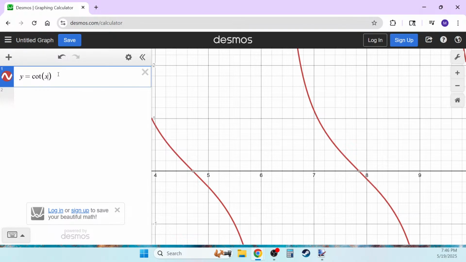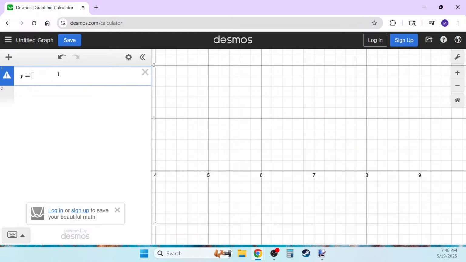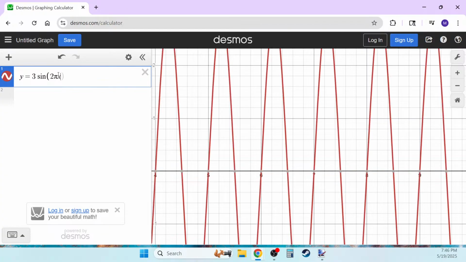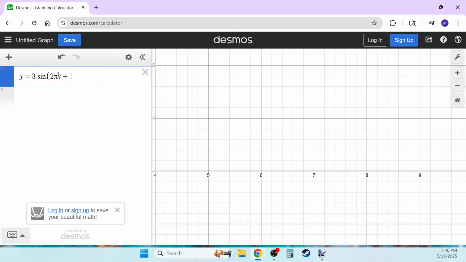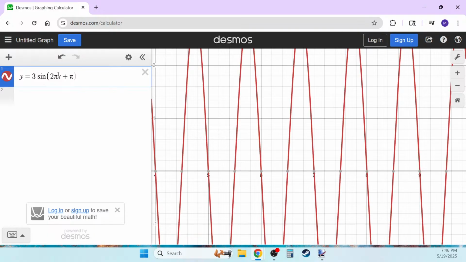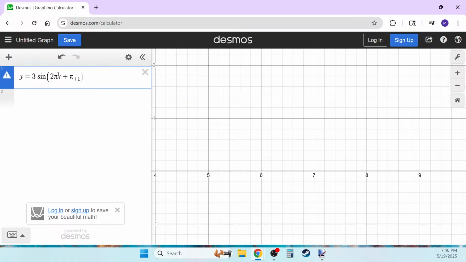Right, y equals 3 sine of 2 pi x plus pi plus 1. Let's subscript that.